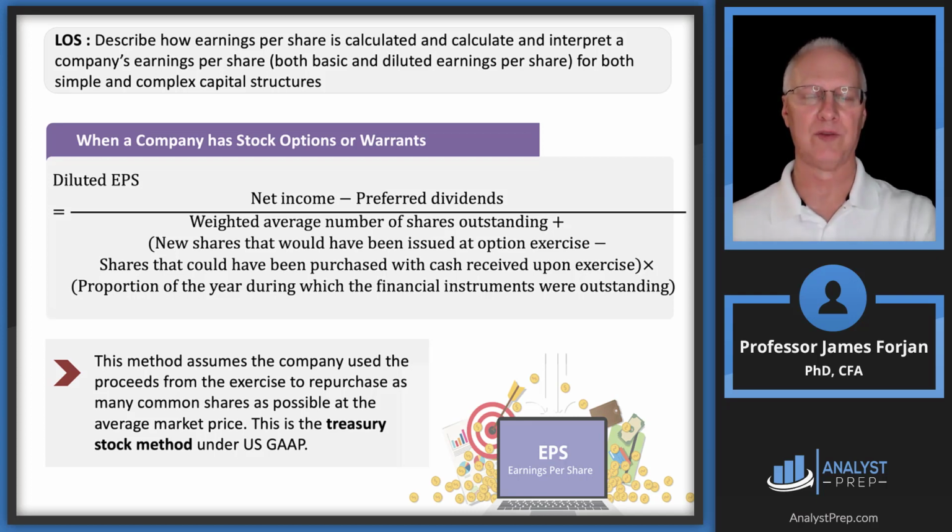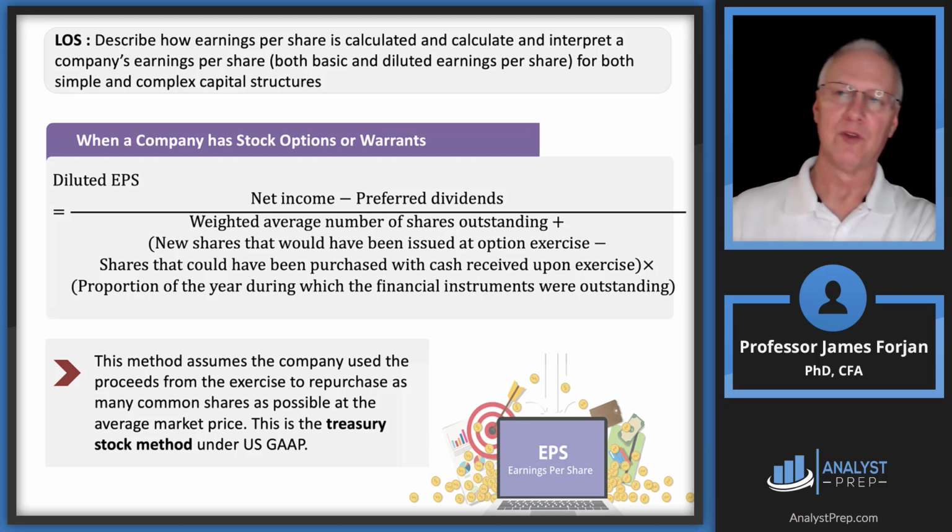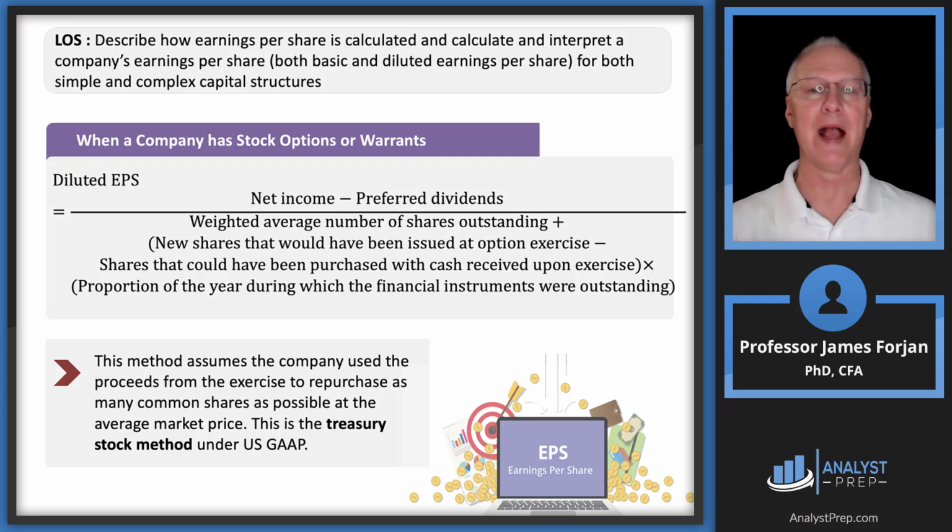reading calls this thing here, the stock options or warrants, this is the treasury stock method, because typically what's happening is that the executives over time have repurchased shares of stock, just like we can purchase shares of stock. So they retire some shares of stock, and that goes into an account called treasury stock.